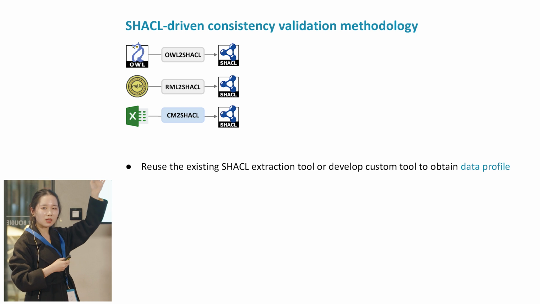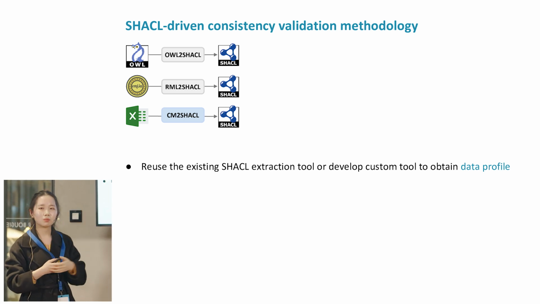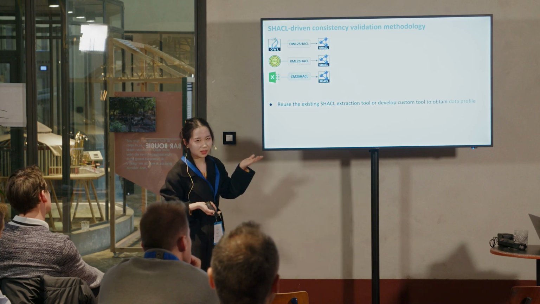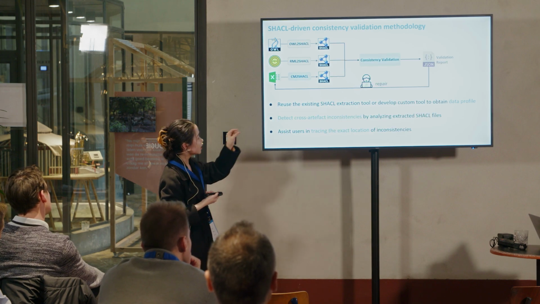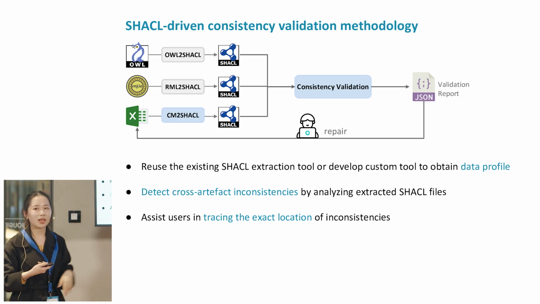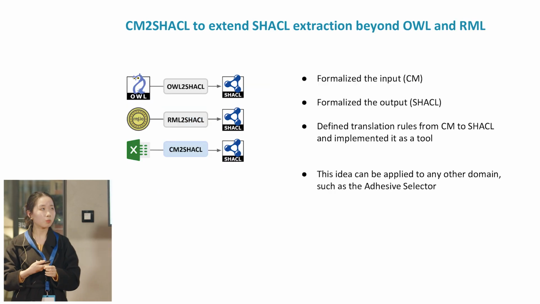If the translators already exist, we directly reuse them. But if they haven't been developed, then we design and develop them. And after we have all the SHACL shapes, we continue to detect the consistency and generate the validation report.